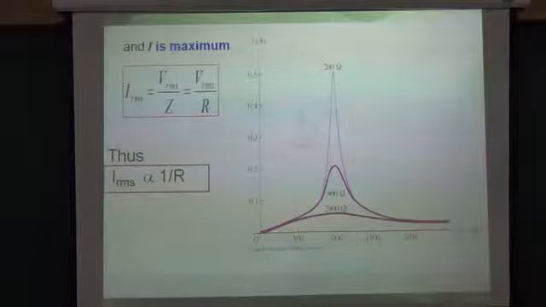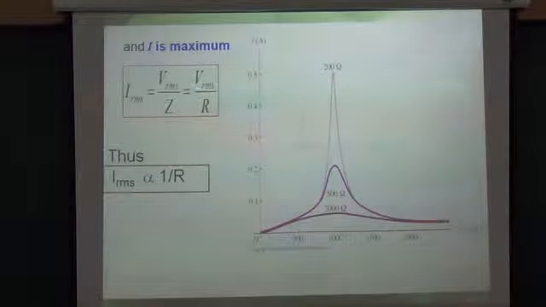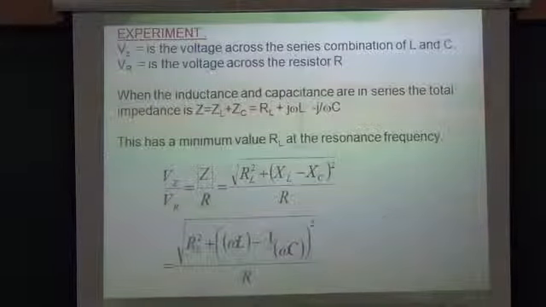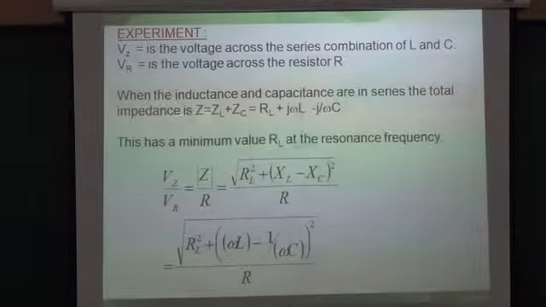You can see the resonance curve. My IRMS is VRMS by Z, and at resonance it is VRMS by R, since Z is R. Hence IRMS is inversely proportional to R. As I am decreasing R, my resonance curve shoots up. In this experiment you will also find Z, which is ZL and ZC, with RL.